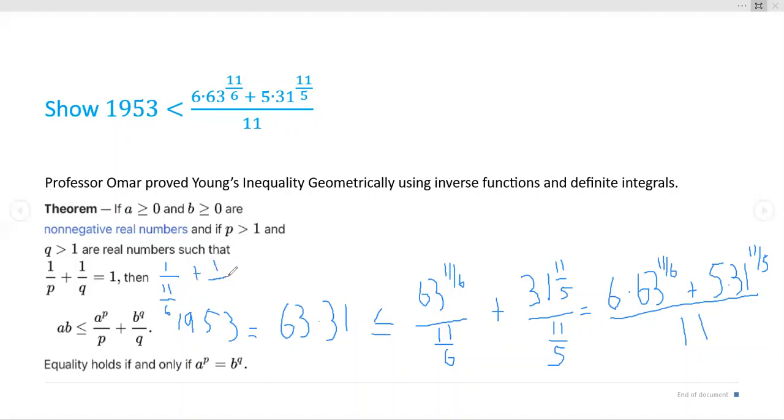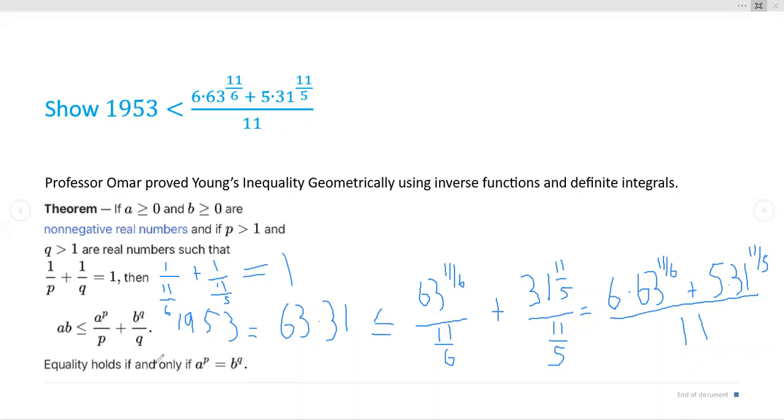That initial condition must hold for this inequality to hold. That's definitely equal to 1. Sorry, folks, hopefully that's readable. I got everything kind of close together here. But 1 over 11 over 6 plus 1 over 11 over 5 does equal 1. So that condition holds.